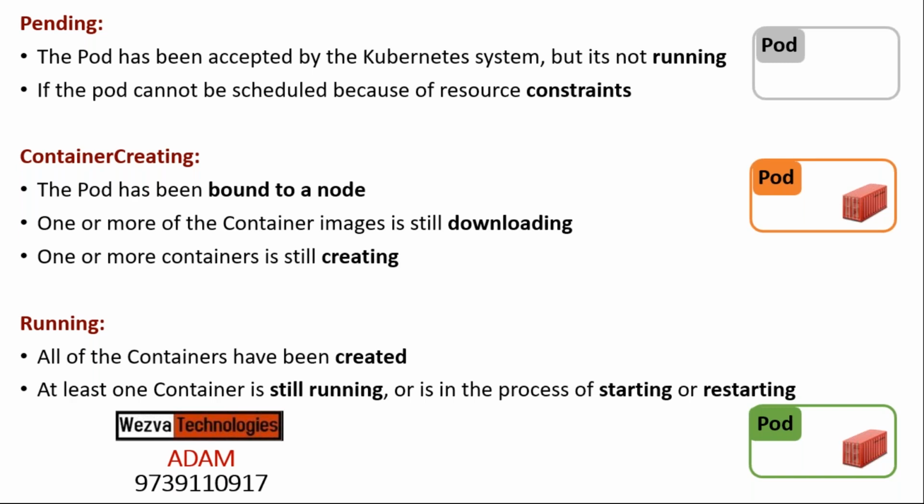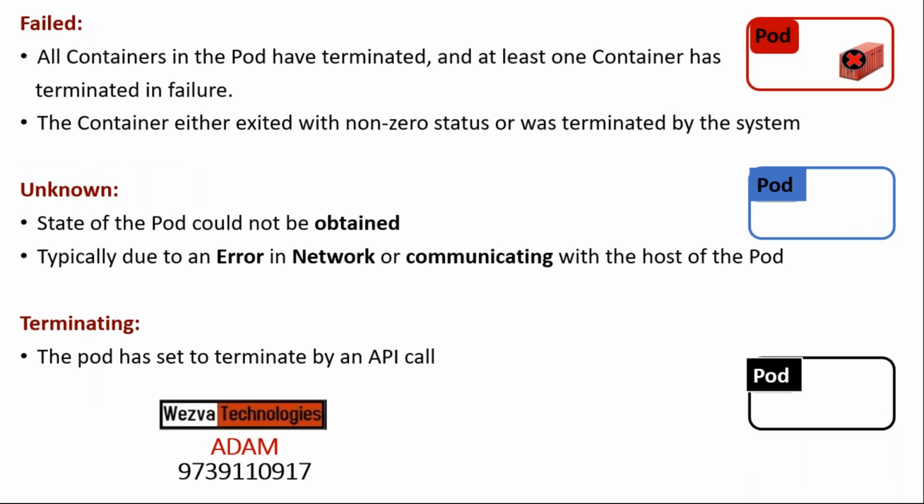Sometimes a pod might have more than one container. In that case, if at least one of the containers is successfully created and has started to run, then the state of the pod is called running. Remember this.